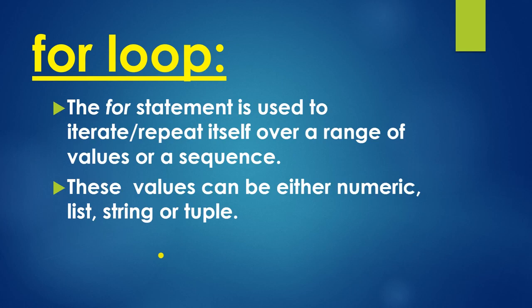So in the for loop you can use any of these values. With every iteration of the loop, the control variable checks whether each of the values in the range has been traversed or not. When all the items in the range are covered, the body of the loop is not executed anymore and the control is transferred to the statement immediately after the for loop.